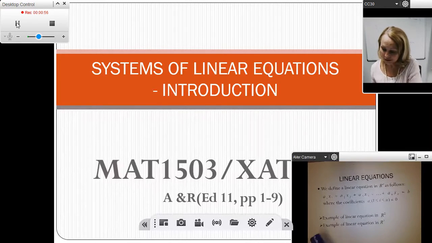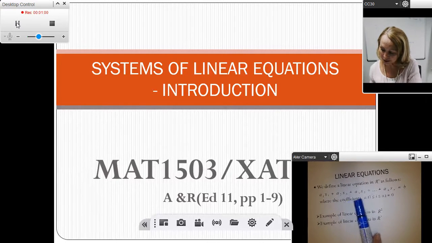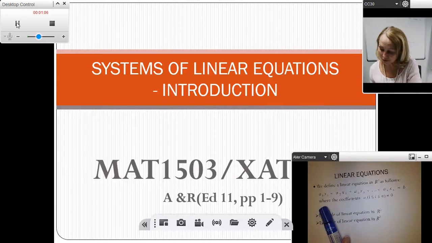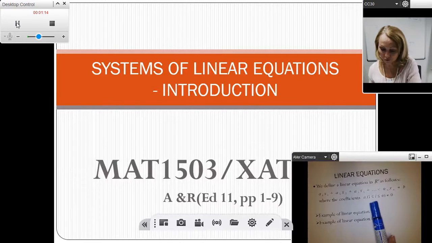You will notice that all the x values, x1, x2, x3 up to xn, all have degree or power 1. This is why it is defined as a linear equation, because the power of each of the variables xi, i going from 1 to n, is 1.